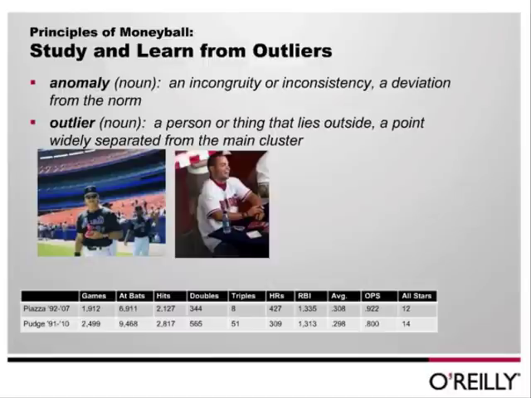And so the point here is that what happens in a case like this is that the analysts go back and look at, well, why did we overlook Mike Piazza, and what were the factors that would have shown that he would be a star, and what can we learn from this situation?